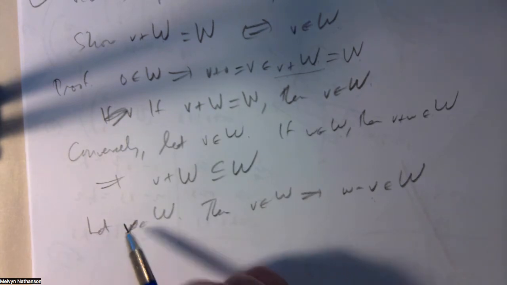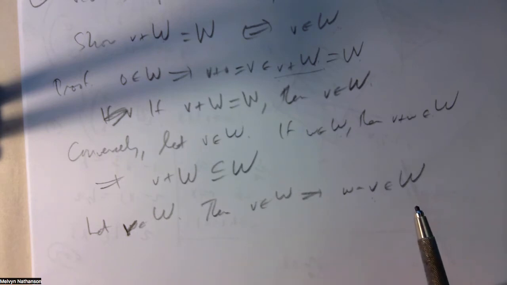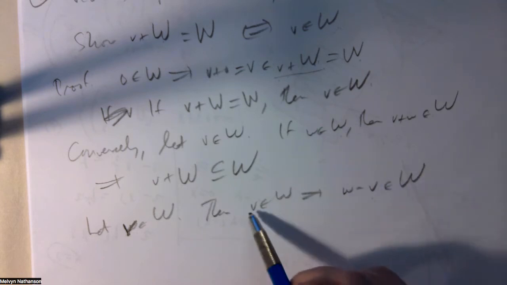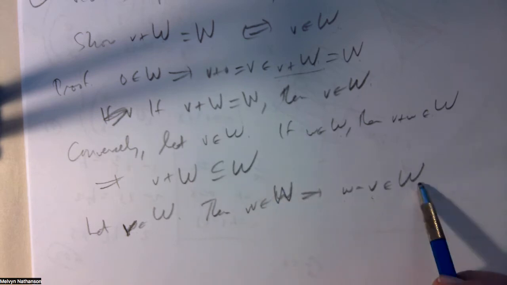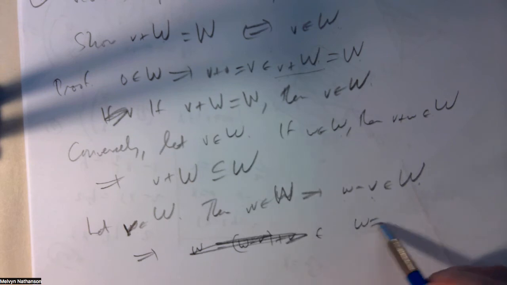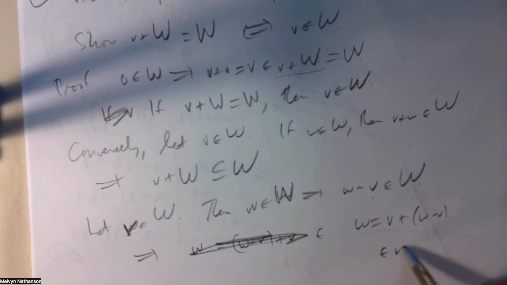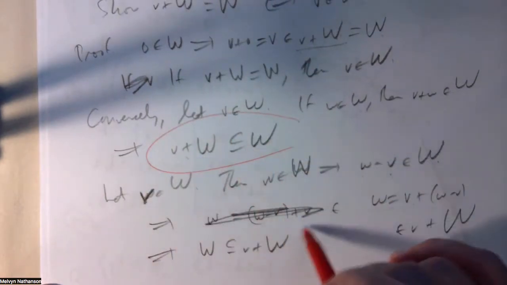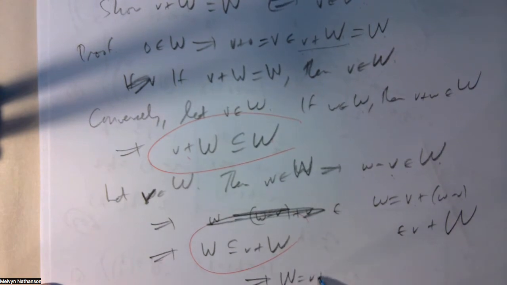So w, which is V plus w minus V, is in V plus W. This is a vector in W translated by V. So W is contained in V plus W. And in general, for any two sets, if each is contained in the other, then they're equal. So that is a good proof of this result.